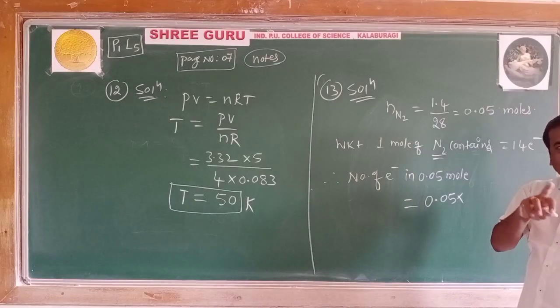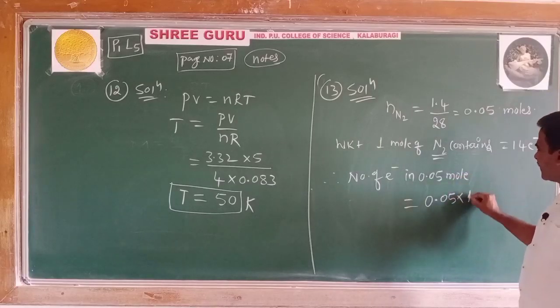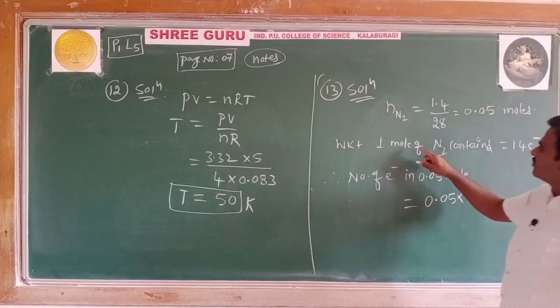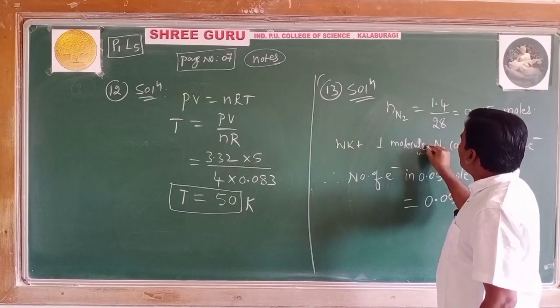1 mole of any entity or a species contains Avogadro number of molecules. So, Avogadro number of molecules, and each molecule of nitrogen, not mole, it is a molecule, please. Each molecule is different, mole is different.